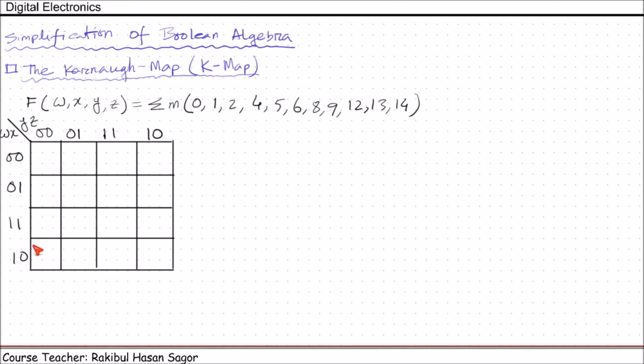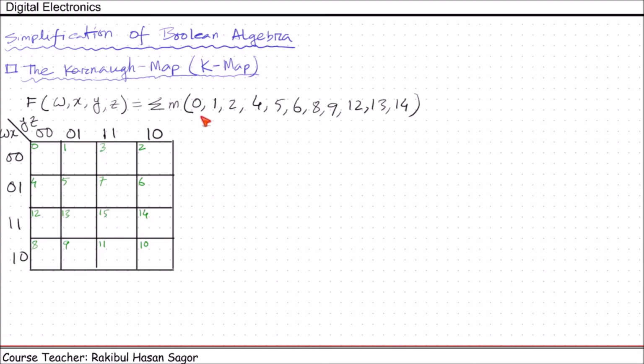Then this will be 8. 1, 0, 0, 0, 8. 9, 1, 0, 0, 1. So 8, 9, 10, 11, 12, 13, 14, 15. So this is the 0th location, 1, 2, 3, up to 15. These are the locations.